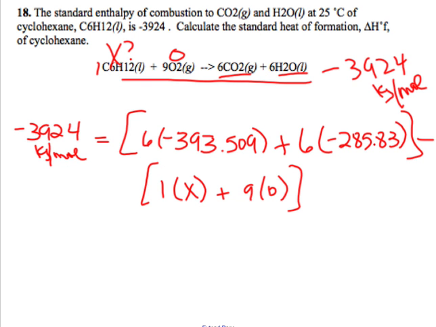Okay, so let's just go to 4 sig figs because of the 3924. On the tests or quizzes, every thermo value you'll have will have the same number of sig figs, just round to that.